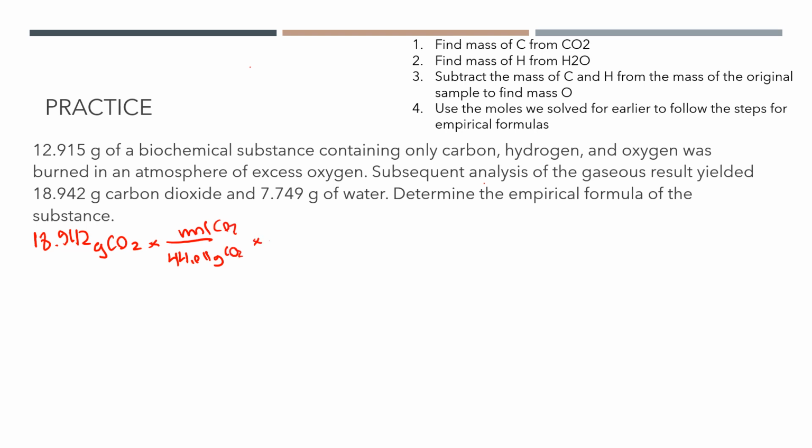And then for carbon dioxide, for every mole of carbon dioxide you're going to have 1 mole of carbon. So it's going to be a nice 1-to-1 ratio. So 1 mole of carbon dioxide is going to equal 1 mole of carbon. And now we can determine how many grams of carbon were in that by multiplying by its molar mass.